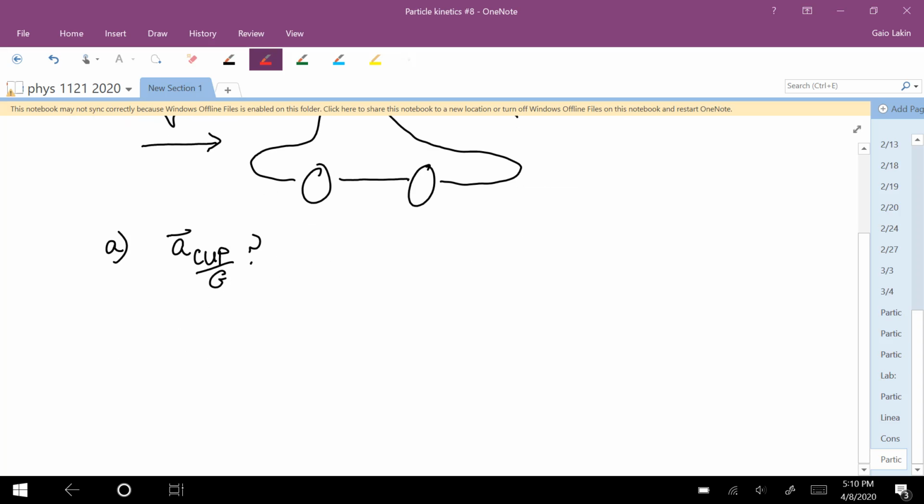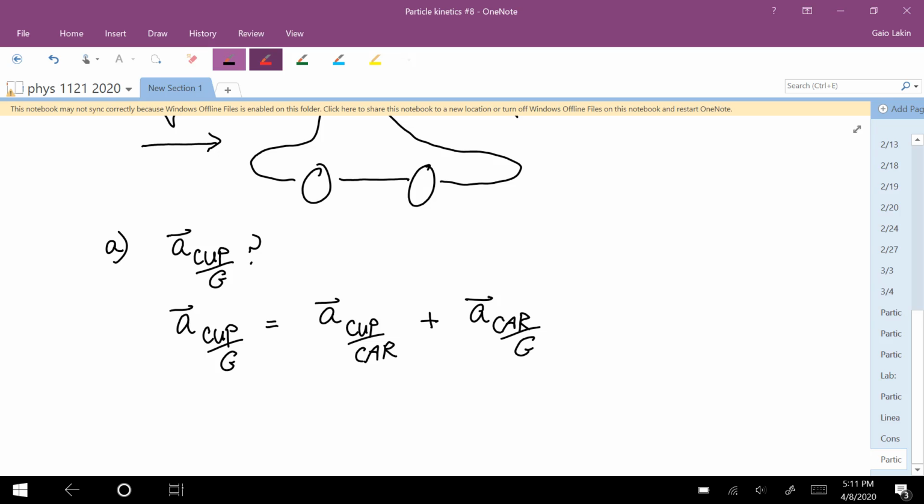Well, here's what we have. Acceleration of the cup relative to the ground is equal to the acceleration of the cup relative to the car plus the acceleration of the car relative to the ground. Any object in free fall has an acceleration of 9.81 meters per second squared down relative to the ground.